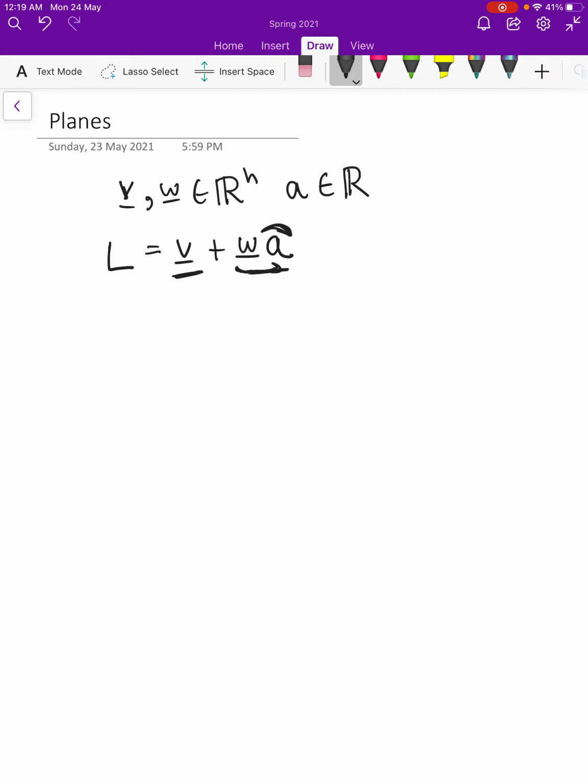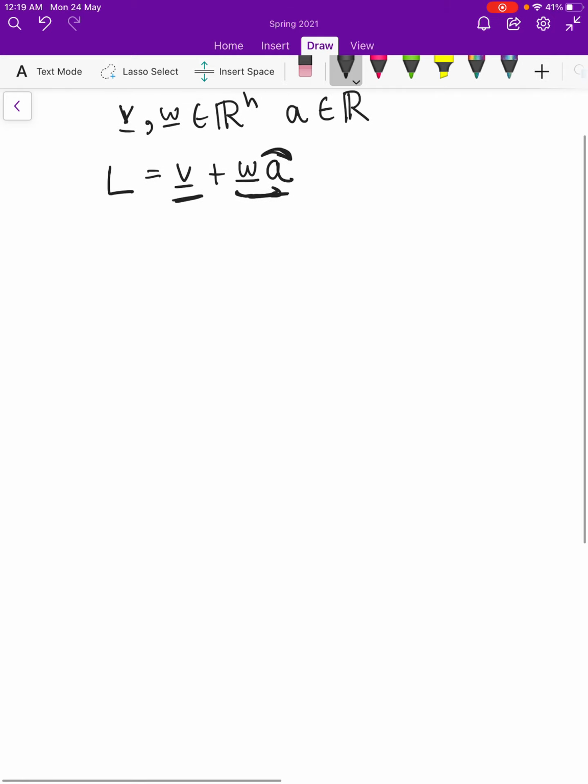Now planes, these are a different concept than lines. And the most basic plane we can have is by adding another variable to the line equation.